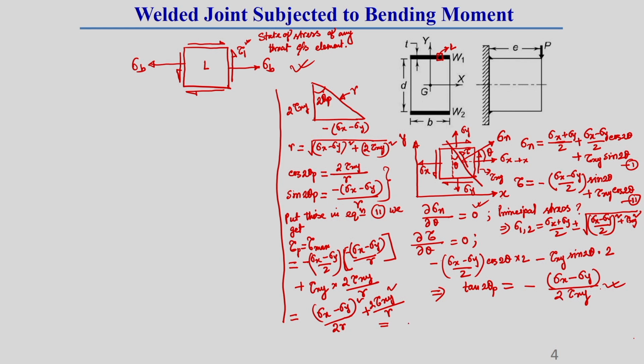We take 1 by 2r common. So, we are getting (sigma x minus sigma y) square plus 4 tau x y square, and 1 by 2r taking common. So, we know this r value.